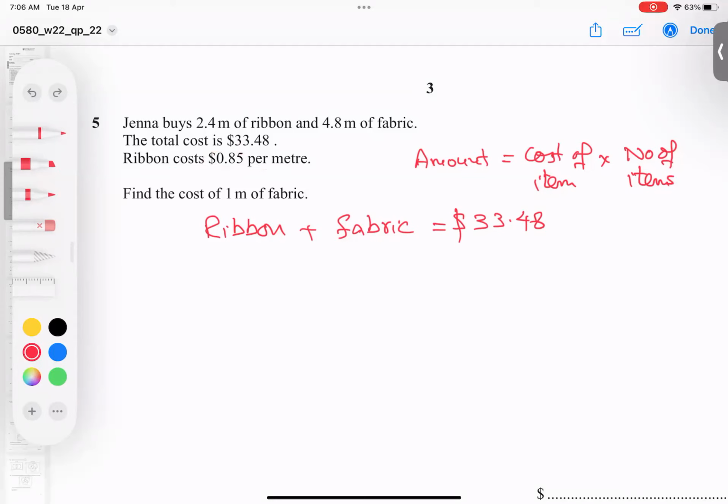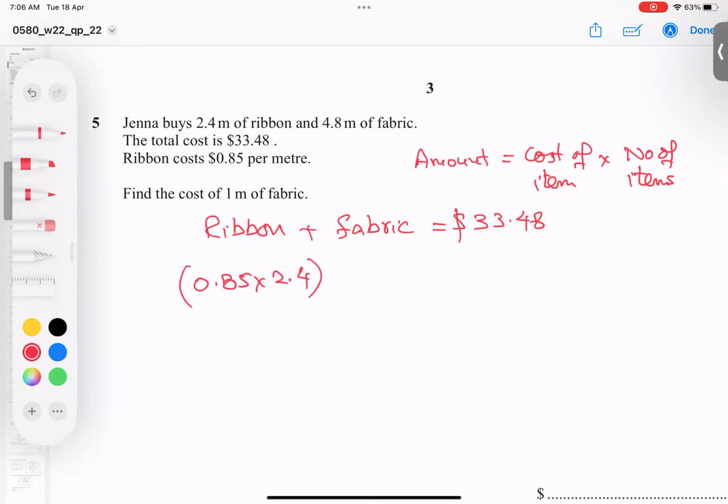So 0.85, multiply by 1 meter. If 2 meters, times 2, if 3 meters, times 3. This way we can find the amount. 10 meters times 10, and 2.4 meters times 2.4. And I believe you understand what is going on.